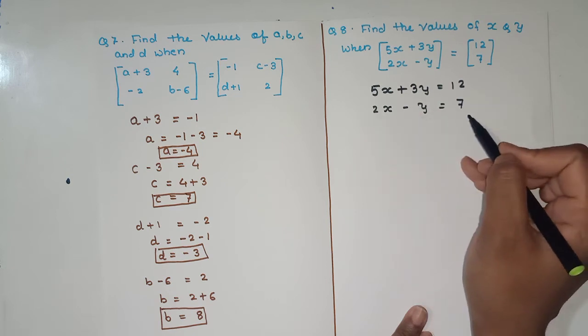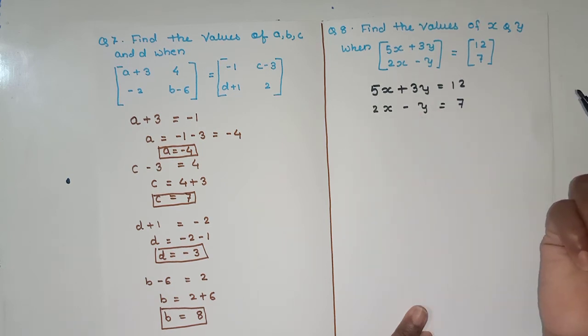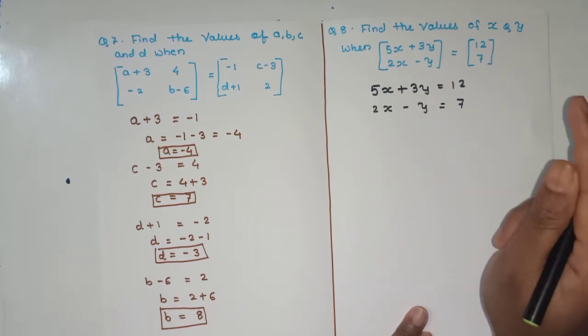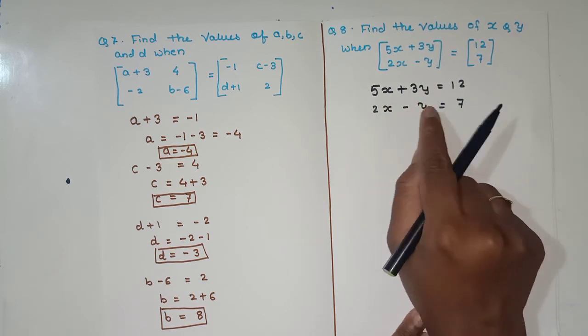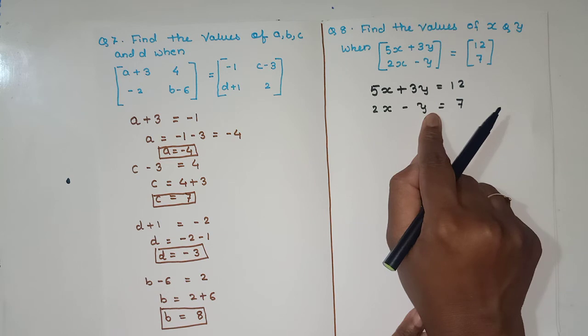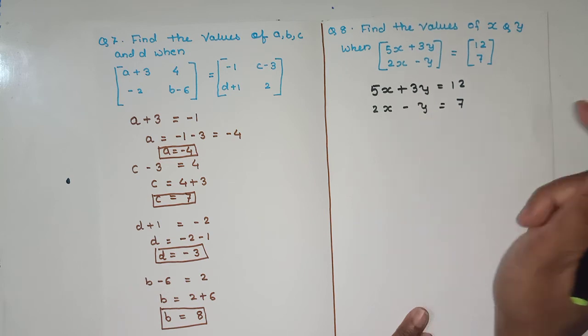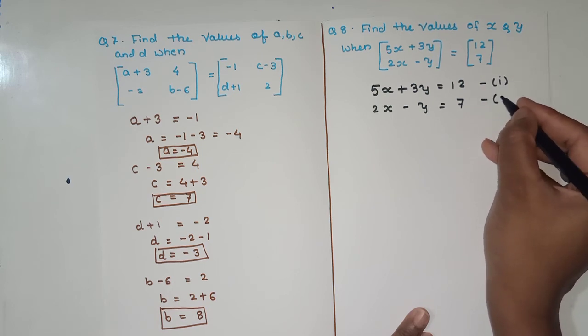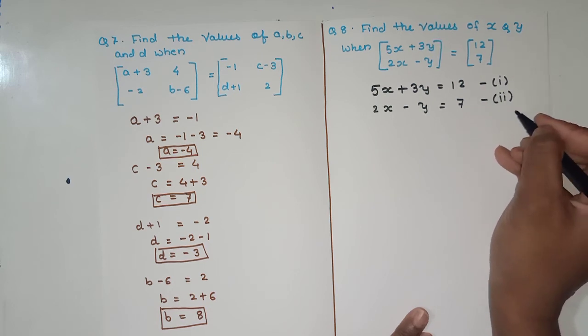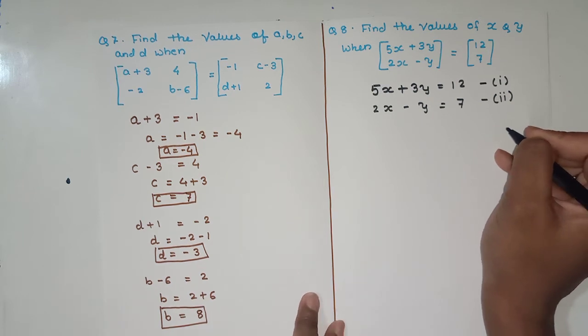Now if you remember the topic simultaneous linear equations of your 9th class, here we have two variables, so we will have to solve this for two variables. Let's consider this as equation 1 and this as equation 2, and I am going to solve it by the elimination method.